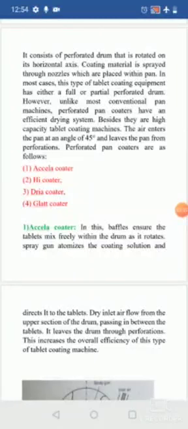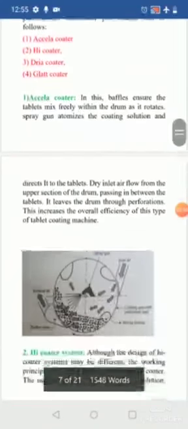The dry, that is the inlet air, flows from the upper section of the drum, so from the top you spray the hot air and the coating solution. After the coating has dried on the tablet, the air is removed through the perforations or holes, which increases the overall efficiency of this type of machine.